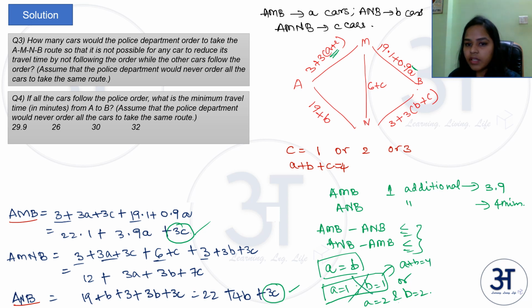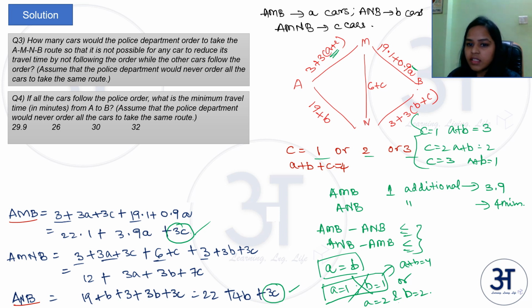But now we know that C should be either 1 or 2 or 3. So A plus B can be 3 if C equal to 1. If C equal to 2, A plus B can be 2. And if C equal to 3, A plus B should be 1. Right? Only these are the possibilities.